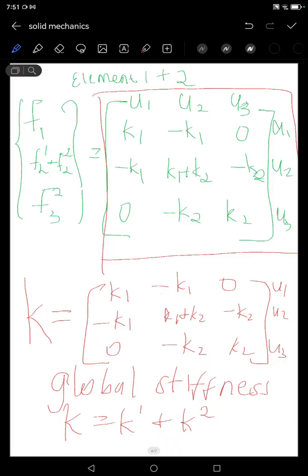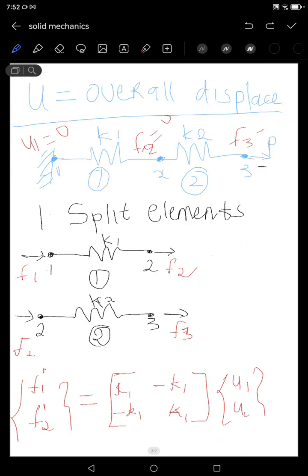So what we're going to do, we're going to have f1 equal to k1 u1 minus k1 u2, and then here it's going to be 0, and remember this one is 0, and also u1 is 0, and then this one also is 0. So if it's 0, let me just cancel this line before I explain a lot.